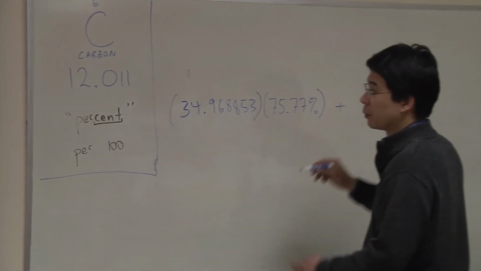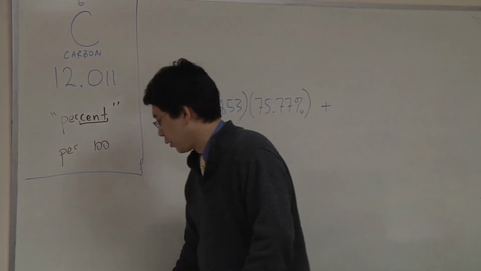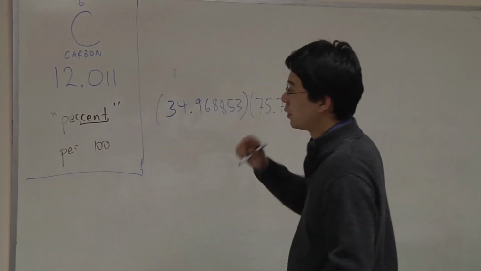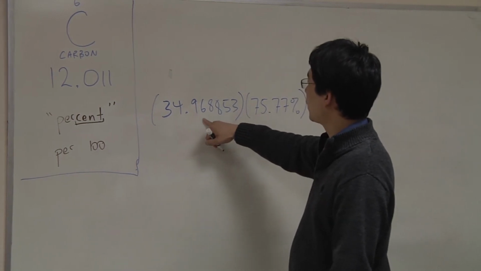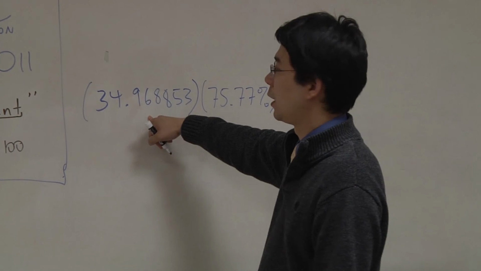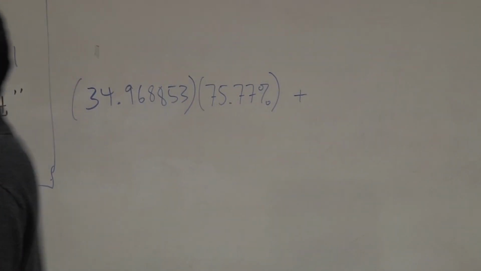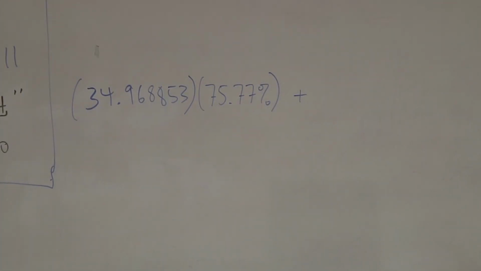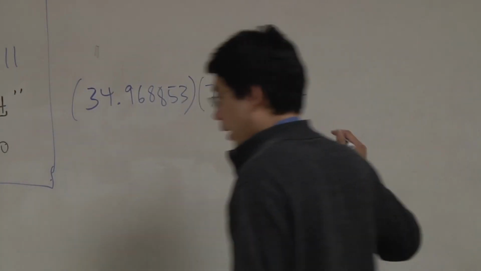And then we're going to plus the second isotope's exact atomic mass. But wait, we don't know that. That's what we're trying to find out, right? What is the atomic weight of the other isotope? We don't know what it is. If we don't know what it is, we'll put it in X.